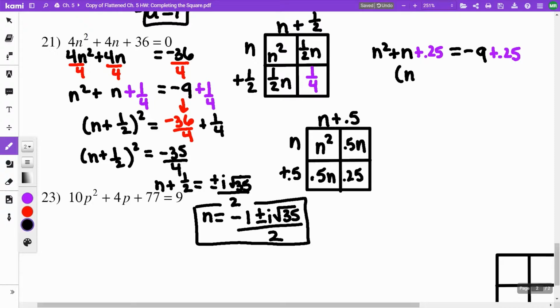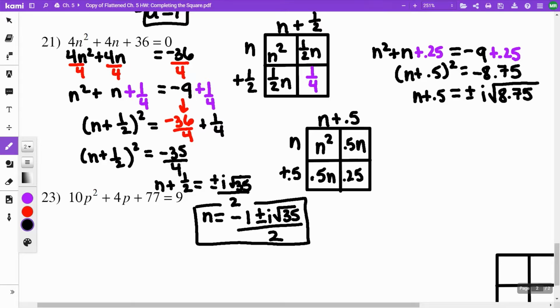Now this is going to be n plus 0.5 squared. And I'm going to get a negative 8.75. And then I'm going to get n plus 0.5 is equal to plus or minus i root 8.75. And that is not going to be a pretty square root to be taking.